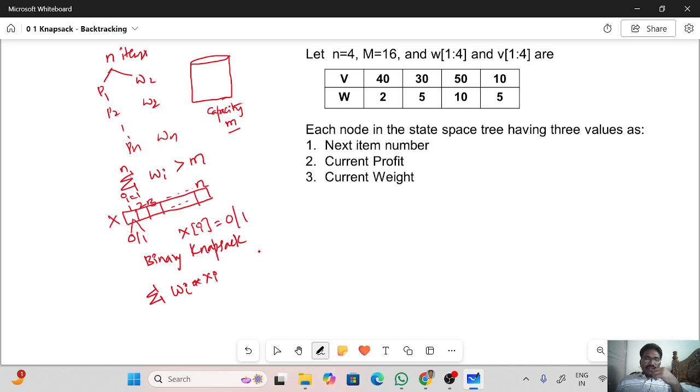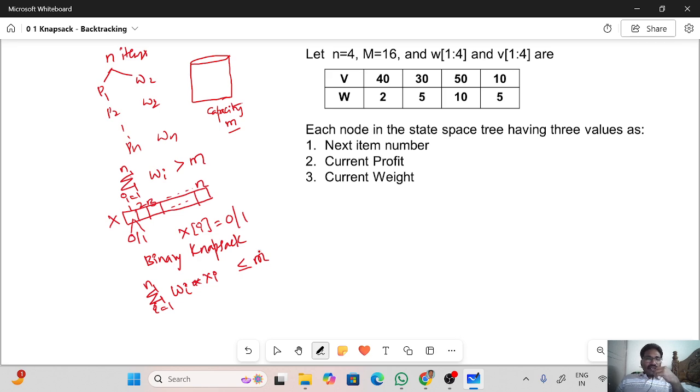The weight is multiplied with the corresponding solution vector value, and all the partial products we add, the summation, for i equal to 1 to n. So that is our total weight. This weight must be less than or equal to the knapsack capacity.